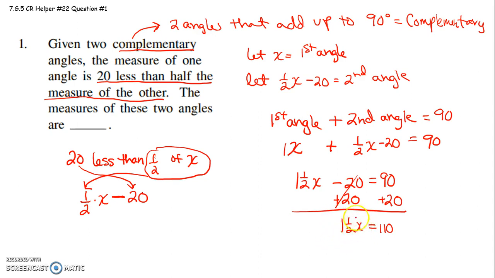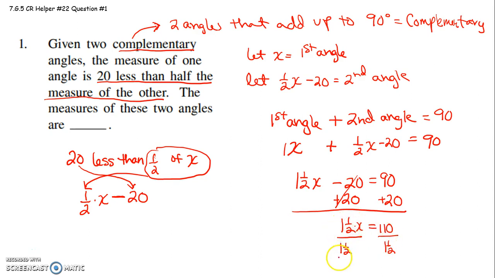Now to get X all by itself, the operation between the 1 and 1/2 and the X is multiplication. How do I undo multiplication? I undo multiplication with division. So I'll divide by the coefficient of X, which is 1 and 1/2, and on the right-hand side I must also divide by 1 and 1/2.